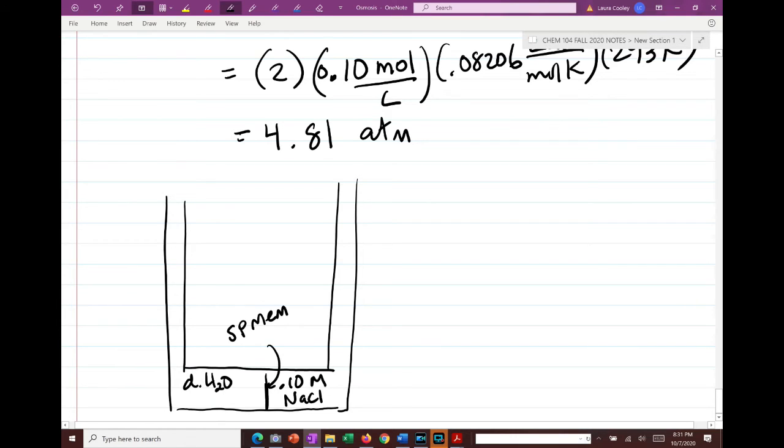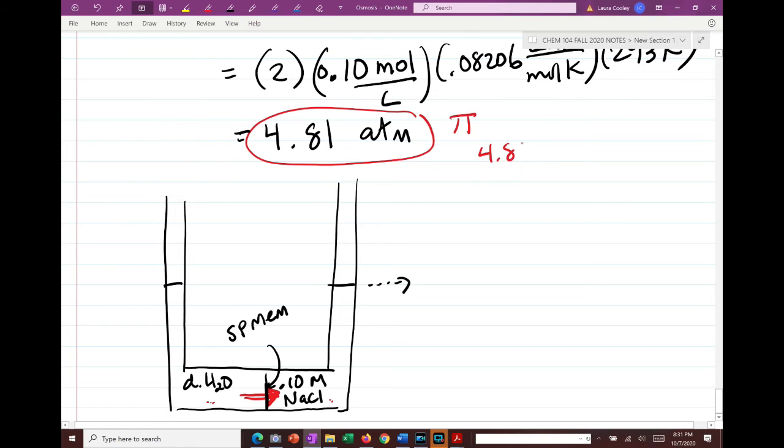Okay, and let's say we start with the same level. Time goes on, and what's going to happen is that there's going to be a net flow in this direction, from the region of lower concentration of solutes to higher concentration. So we calculated that 4.81 atmospheres is the osmotic pressure. Let me convert that into something more familiar to us.